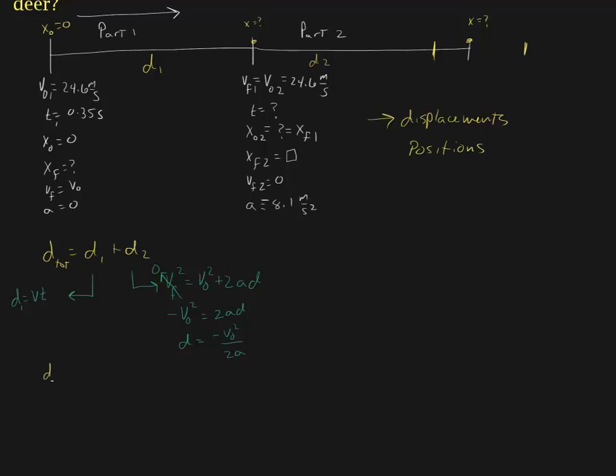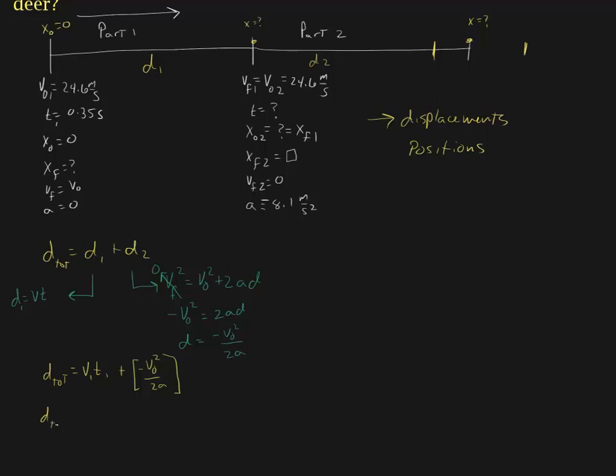So now we get d total is equal to d1, which was v1 times t1, plus d2, which is minus v initial squared over 2a. And so now all we have to do is substitute and solve.